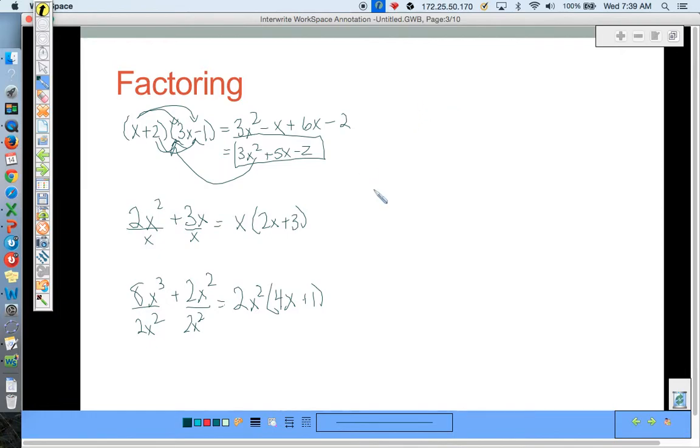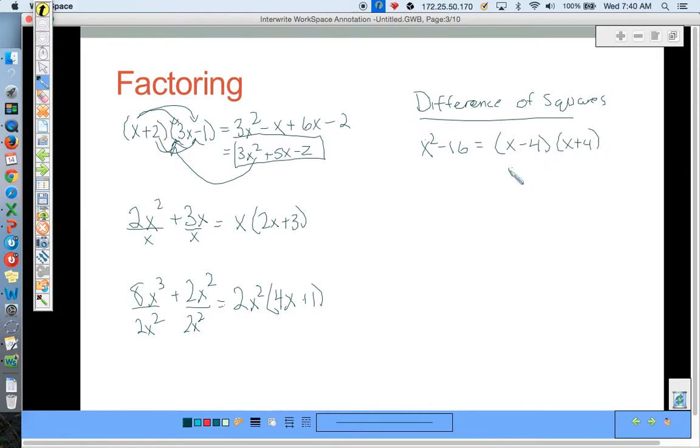Another way we factored was we looked at what was called the difference of squares. If you have, let's say, x squared minus 16, you can take the square root of both those terms, and it becomes x minus 4 and x plus 4.